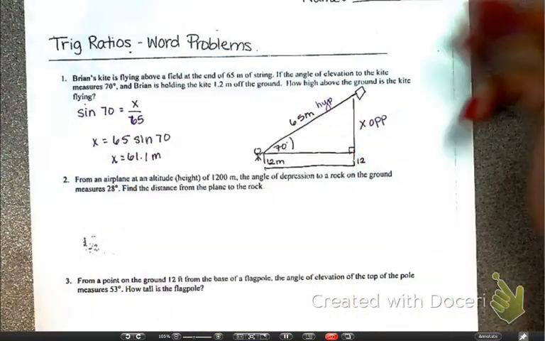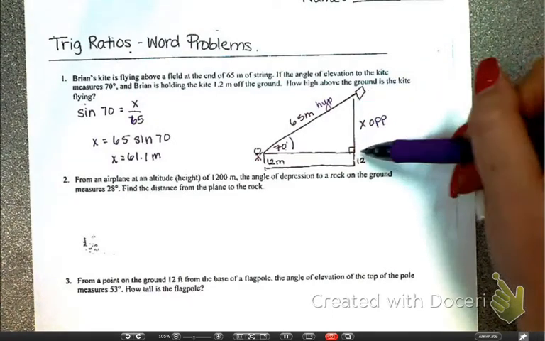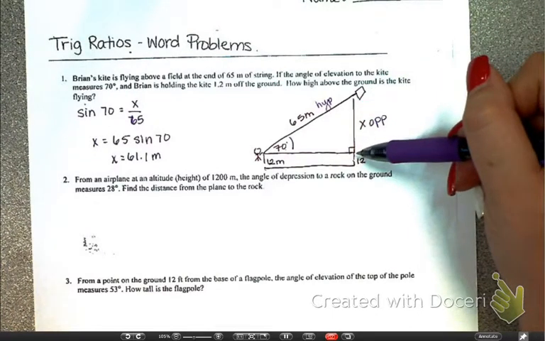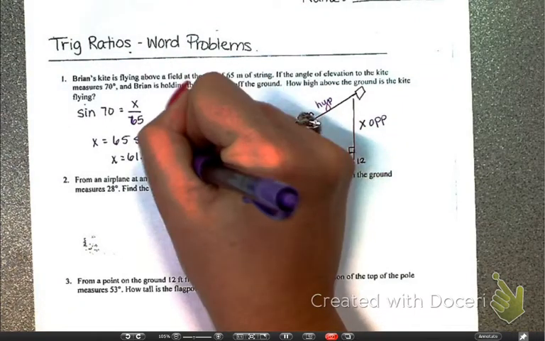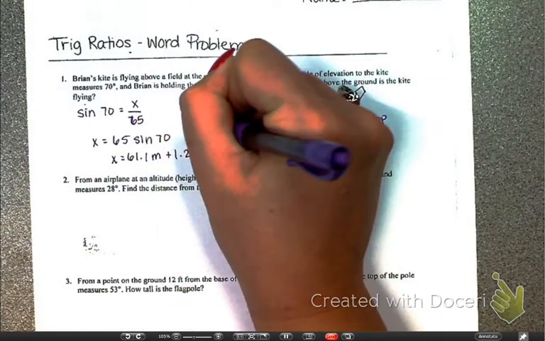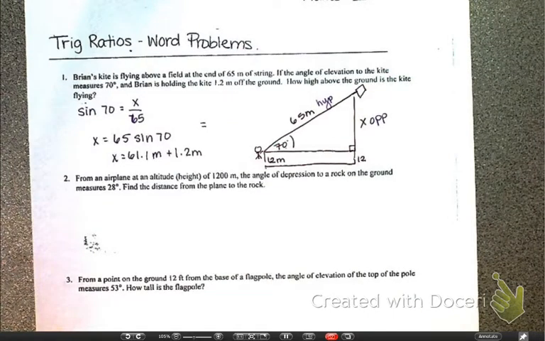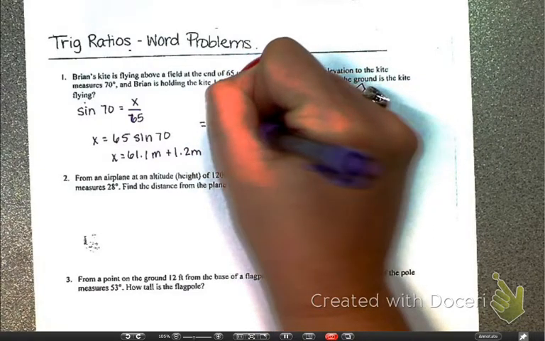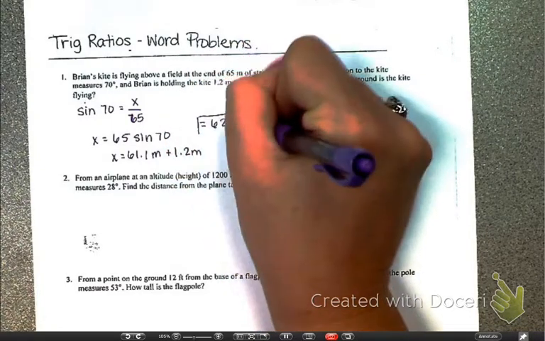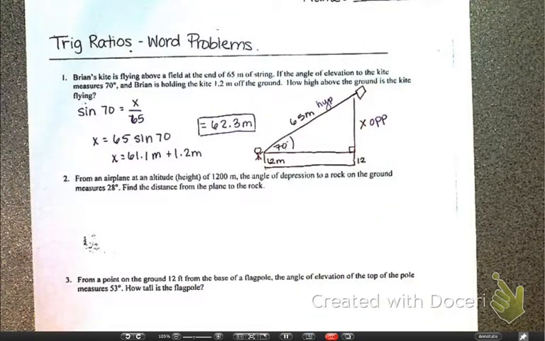So the distance from the kite to technically where Brian's hand is is 61.1 meters, but the distance from his hand to the ground is another 1.2 meters. So we're going to add that 1.2. So the entire distance of the kite is 62.3 meters. Do you see that? Does that make sense? A little bit?